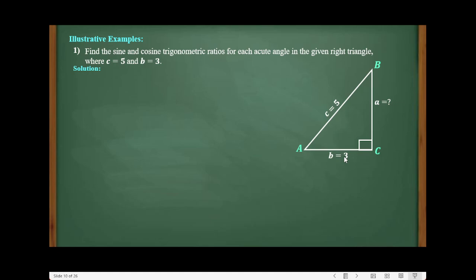So it's obvious that the other leg, which is the longer one denoted by small letter A, has an unknown length. So how do we compute for the length of this unknown leg? Obviously, we have just recalled the Pythagorean theorem.